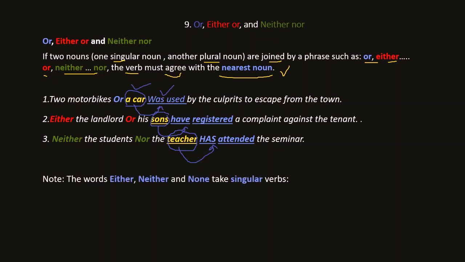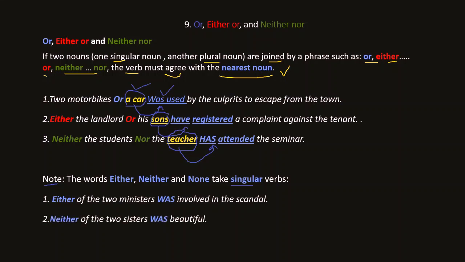Look at the examples. Either of the two ministers was involved in the scandal. We use either when there are two nouns. Since it is two ministers, we use either. Either is used in the positive sense and neither is used in the negative sense.